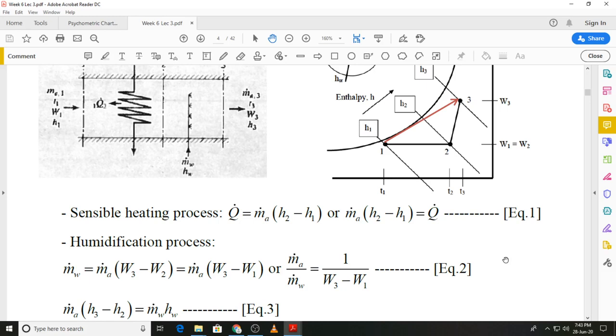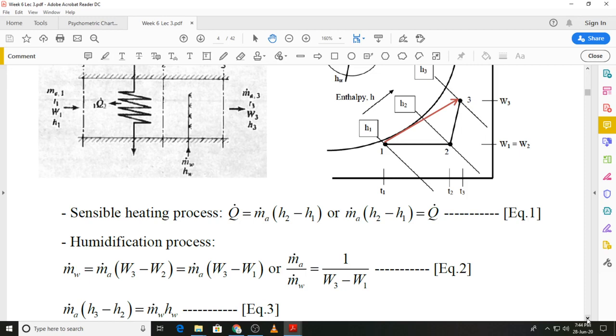So at state 2 we will have m dot A times W2, to which we will add steam at the rate m dot W, and the resultant amount of water vapor at state 3 will be m dot A times W3. So m dot A times W2 plus m dot W is equal to m dot A times W3, and again rearranging that equation we get equation 2 as shown in the slide.